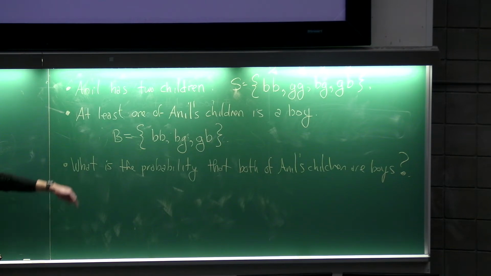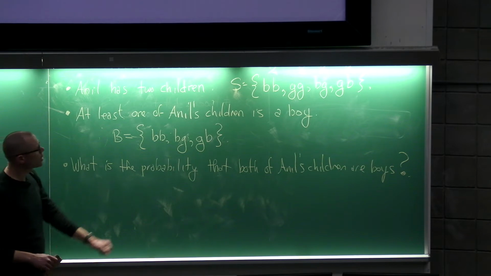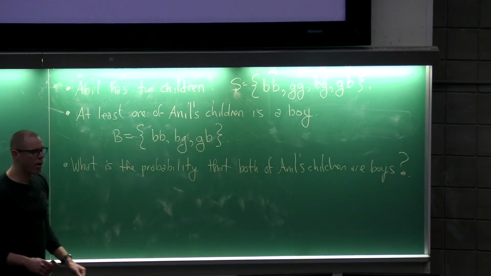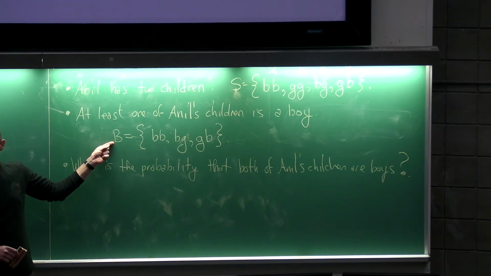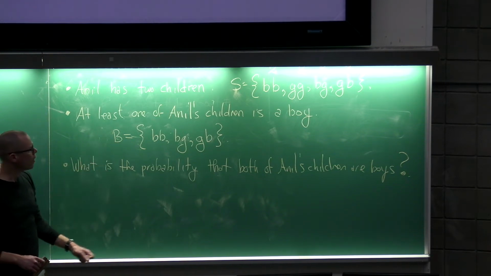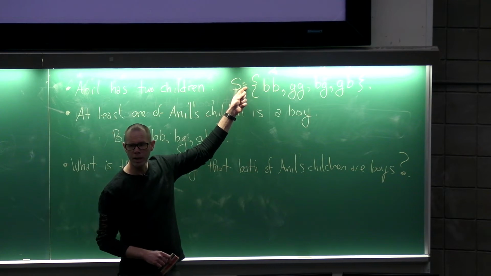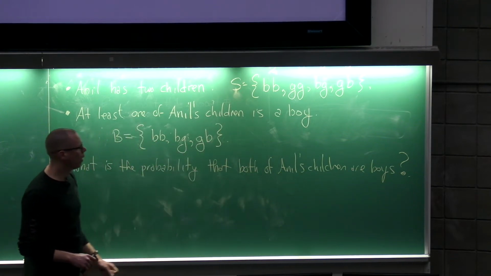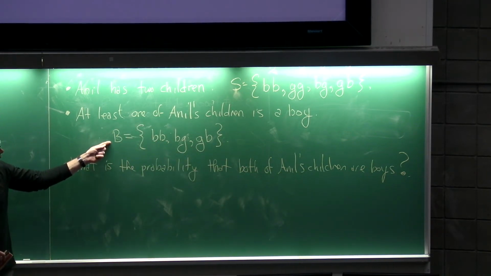Why? Well, what you told me when you said that there's at least one boy, you told me that this set of 4 possible outcomes, they're not all possible anymore. There's actually 3 of them. And more than that, these 4 were equally likely, and actually, therefore, these 3 are equally likely.